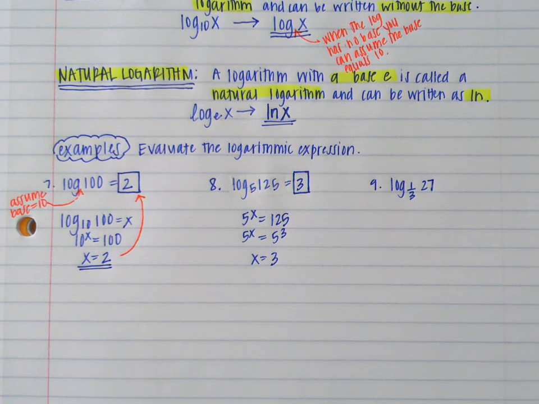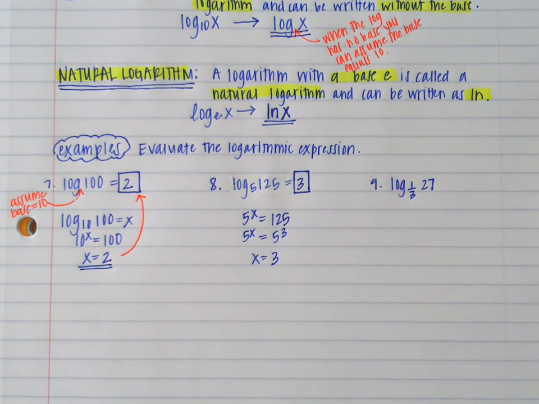I encourage you to think about rewriting it as an exponential first to help you, and use what you know from 5-3 to really help you solve this one. So use your prior knowledge to come up with the answer. Pause, think about it for a little bit, come back, and see if you got it correct.